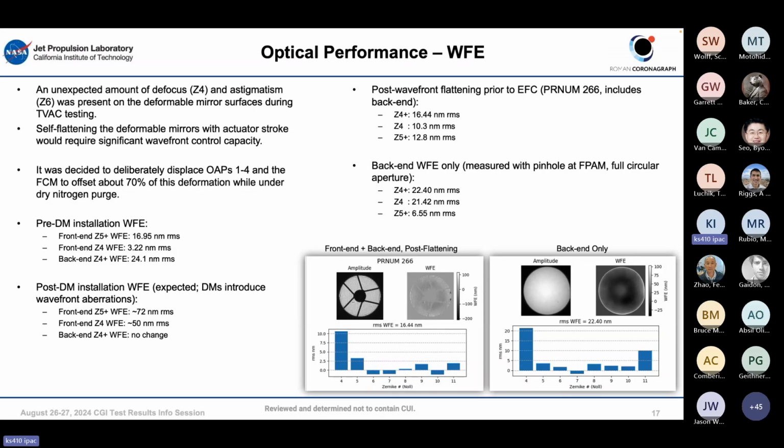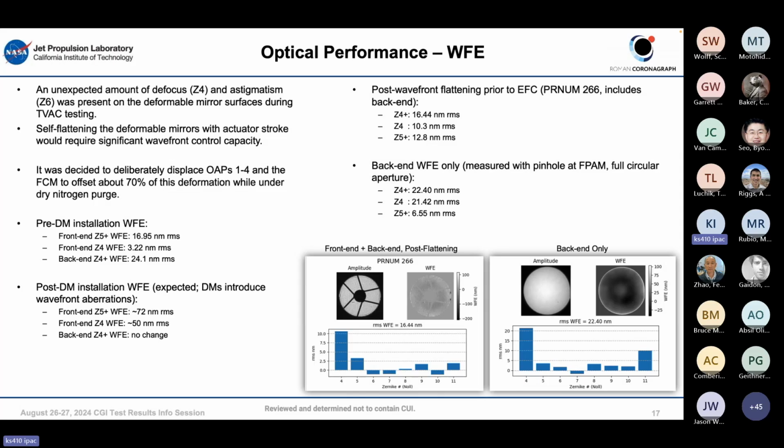Okay. So later on in TVAC, we did post-flattening measurements, prior to EFC, using the deformable mirrors, and the resultant flattened wavefront is 16.4 nanometers RMS, including defocus on the back end.